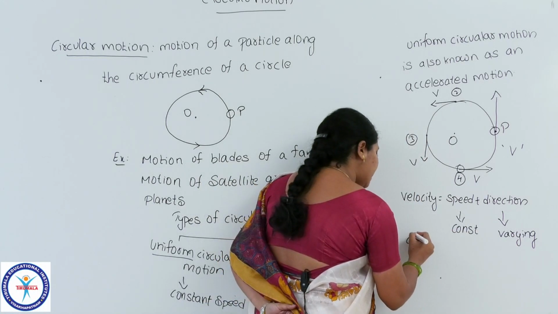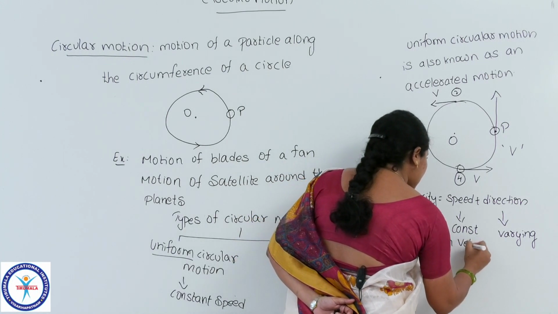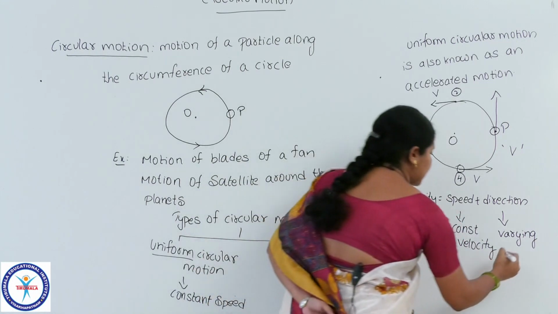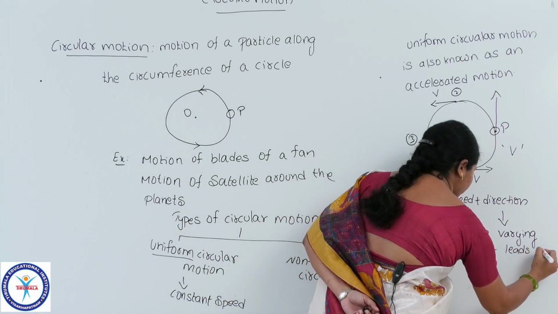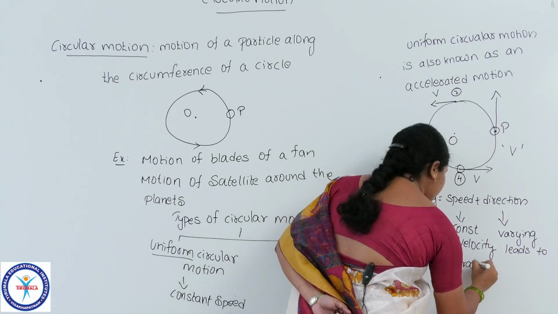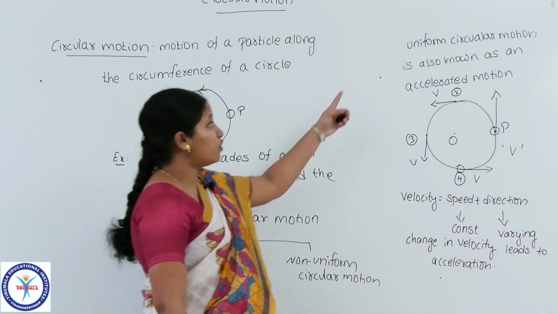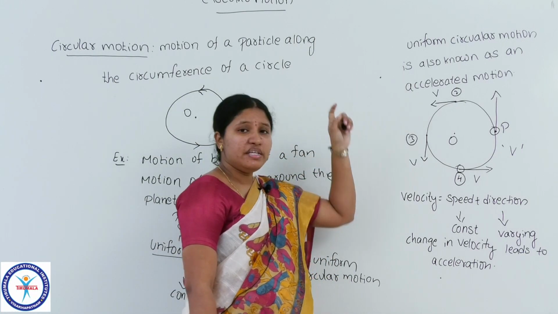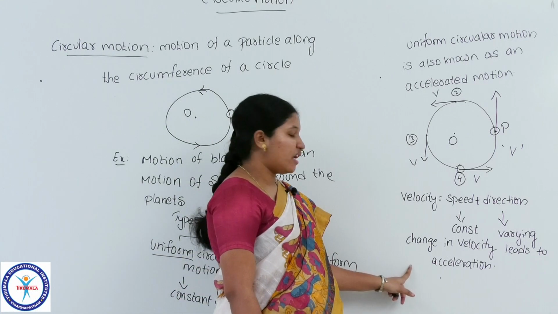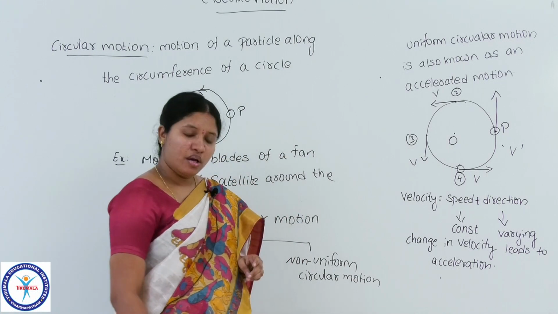As we get change in velocity, we get a term known as acceleration. So change in velocity leads to acceleration. In uniform circular motion, acceleration is involved. Hence uniform circular motion is known as accelerated motion. This is the reason why we call uniform circular motion accelerated motion.